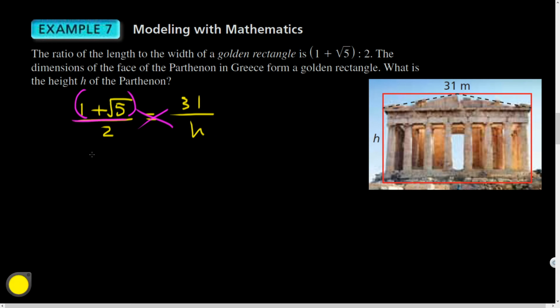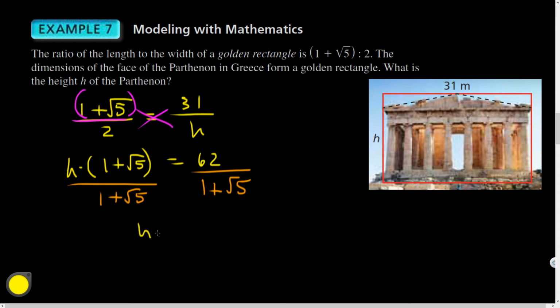And so I'll have, we'll tell you what, there's a few different ways, but let's say I didn't distribute. And then 2 times 31 is 62. And if I want to solve for h, I could divide both sides by 1 plus rad 5.